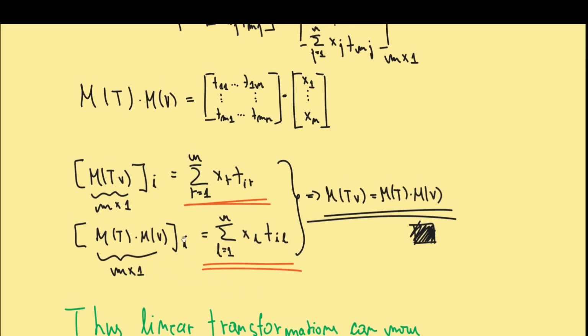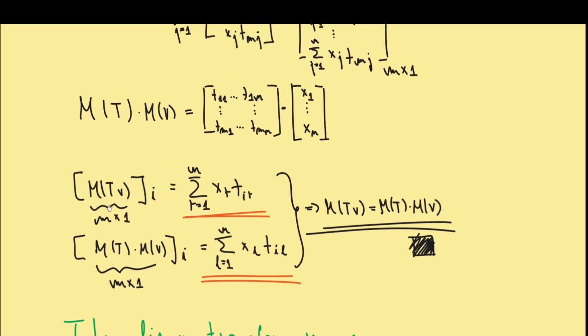So let's look at the element that's located in some ith row of this product, and look at the ith element of this over here, which we've already calculated. And if those two are the same for some arbitrary i, then it means that these two matrices are the same dimension, and they have all the same elements in the appropriate places.